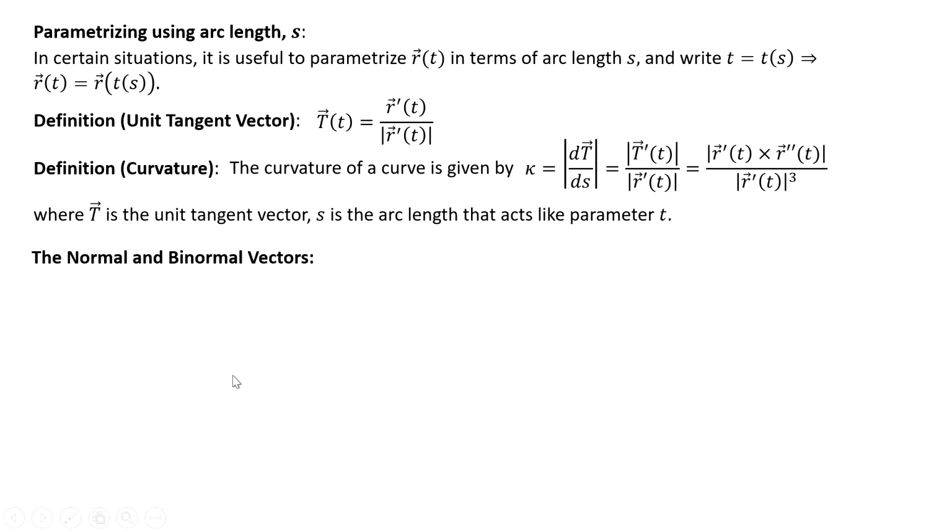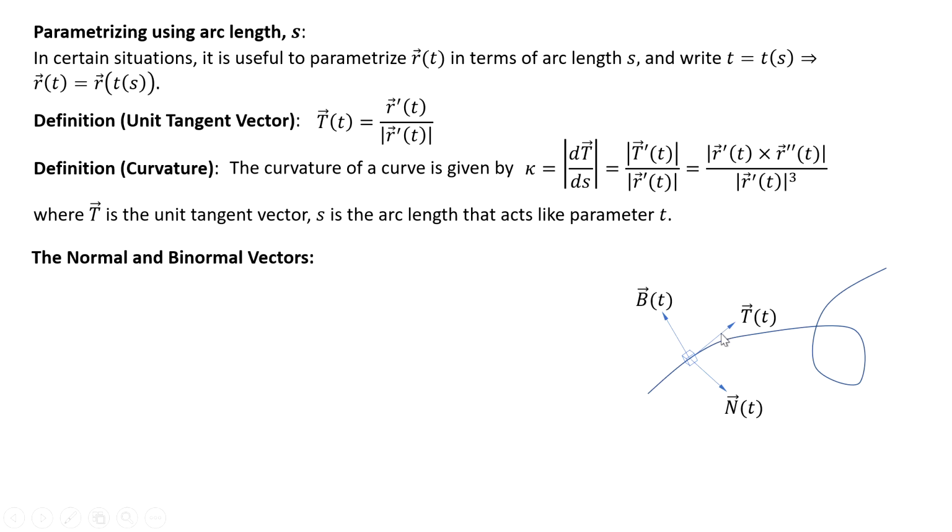Okay, cool. And then there are a couple more things, the normal and binormal vectors. Graphically, let me show you what those things look like. If this is a space curve, can you see that the unit tangent vector is this one? It's tangential to the path.